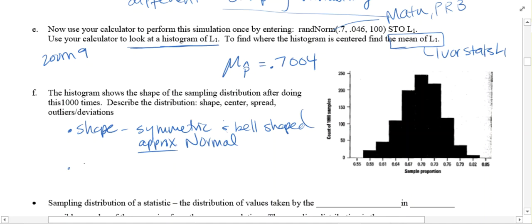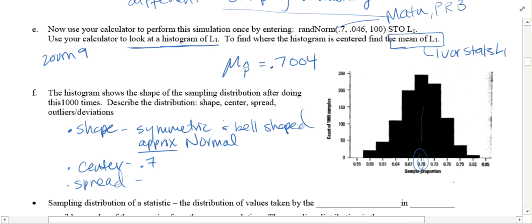All right, the center. What would you guess the center is approximately? Can we tell where it's centered? It should be centered at 0.7. That's where our population was. It looks like here it's pretty much centered at 0.7, so it looks pretty good. The spread, we don't really have that much to compare it to other than what's in your calculator, that total spread. But here, can you guess?